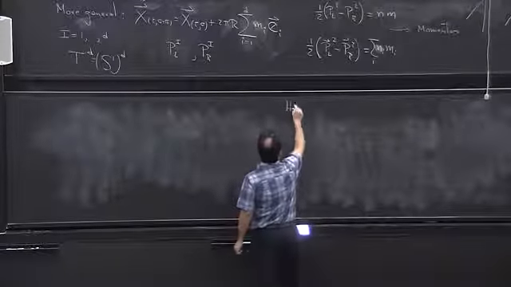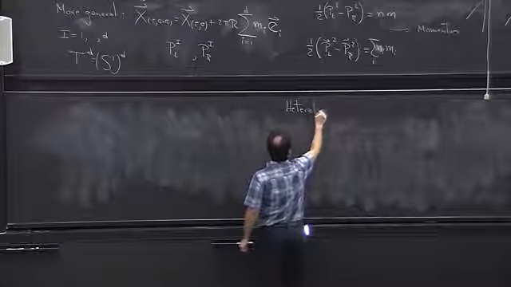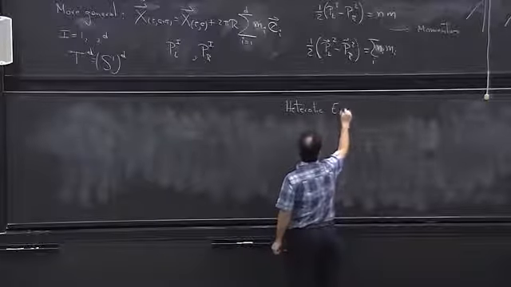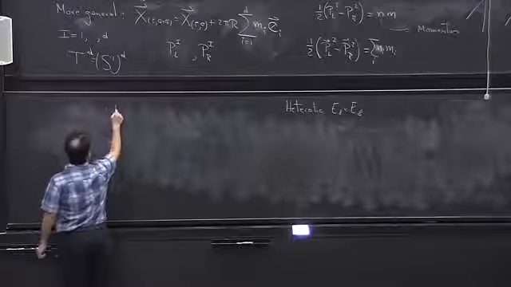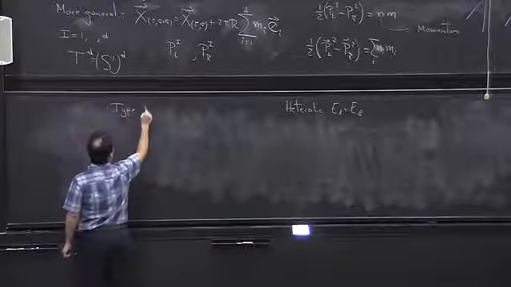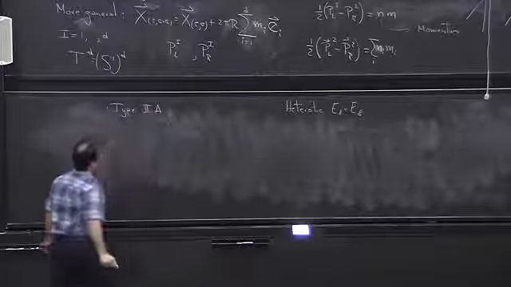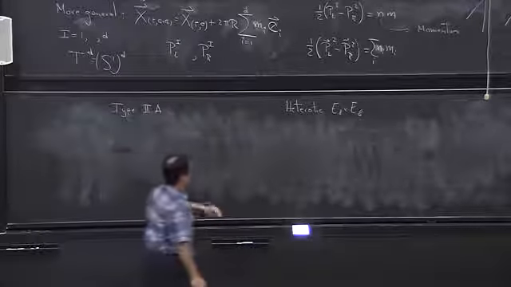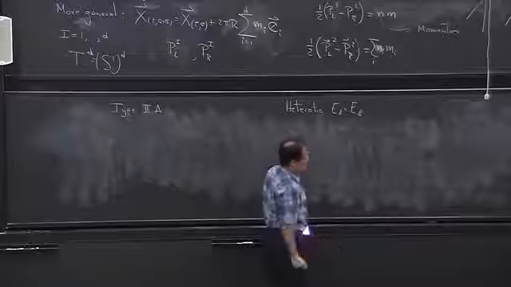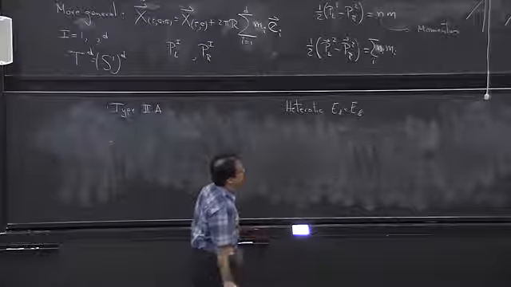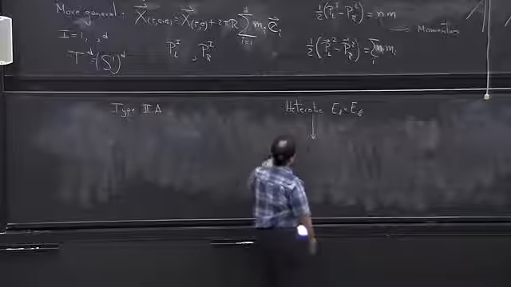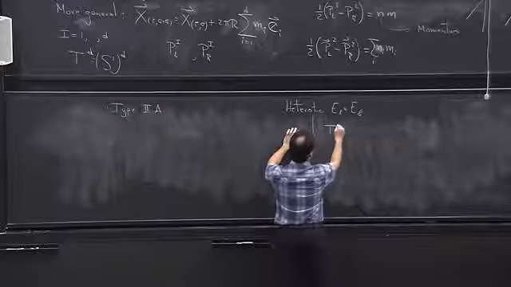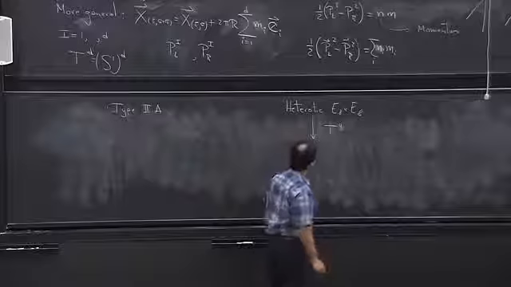Take your heterotic string and take your type 2A theory. Now compactify this theory on a 4-torus.